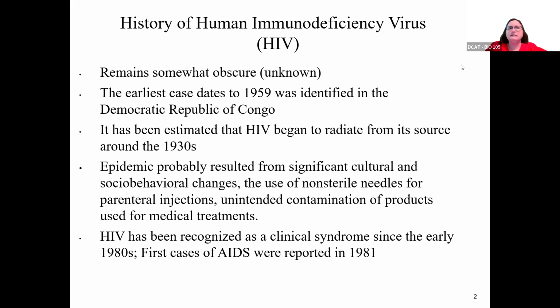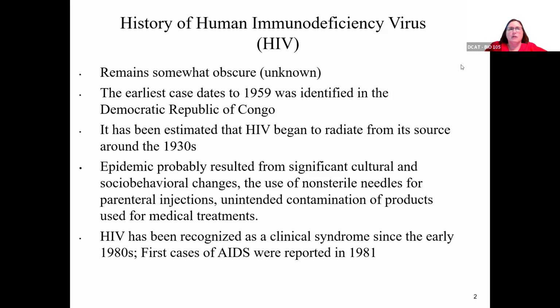So think about our cultural changes. In the 80s, we started traveling more. It was easier to travel, so people are flying more. You can go to multiple states or out of the country in a day. Also, social behaviors: more unprotected sex.